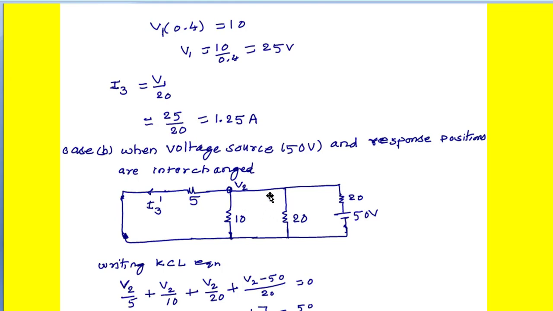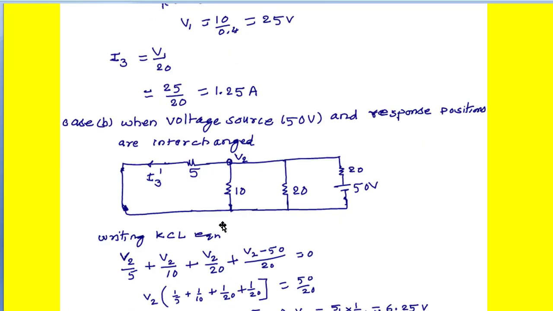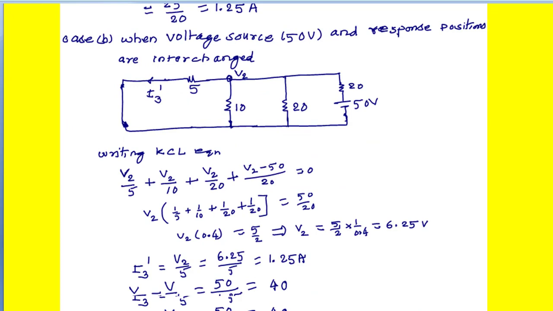So to get that I3 dash, again we have to apply the KCL, that is also called nodal analysis. So V2 by 5 plus V2 by 10 plus V2 by 20 plus (V2 minus 50) divided by 20 is equal to 0. V2 is common. Once we simplify that, we get V2 into 0.4 is equal to 5 by 2.